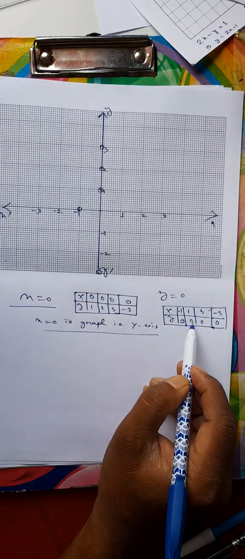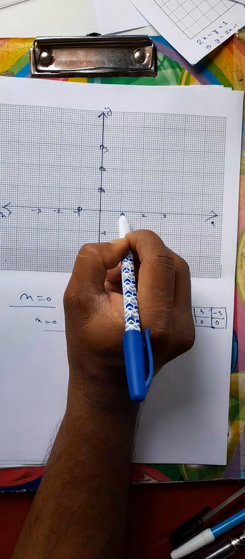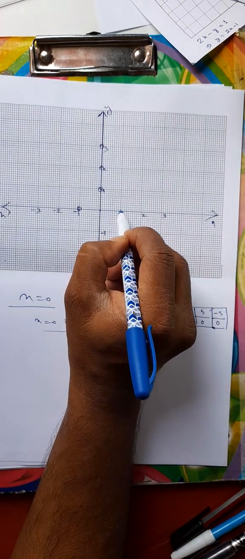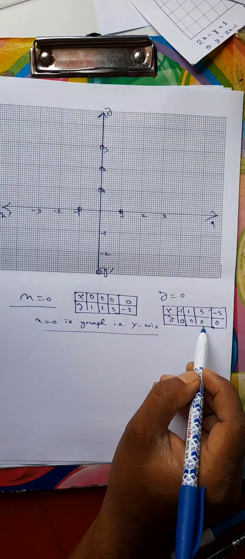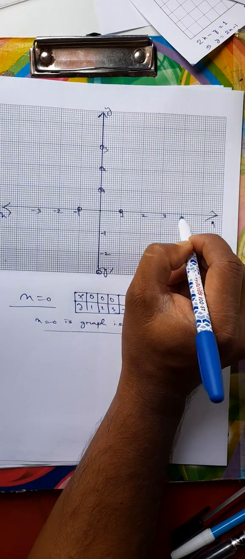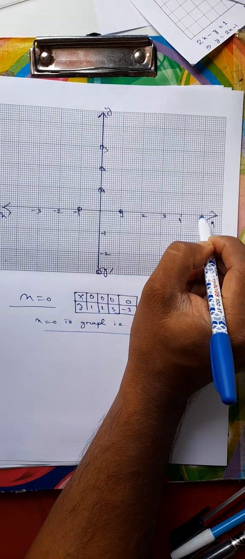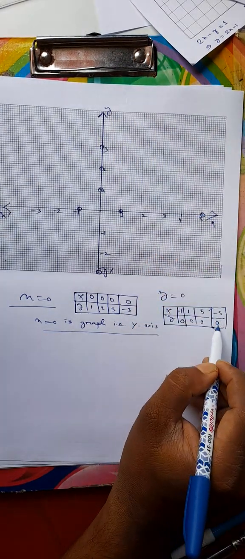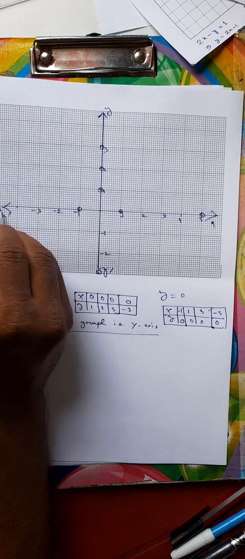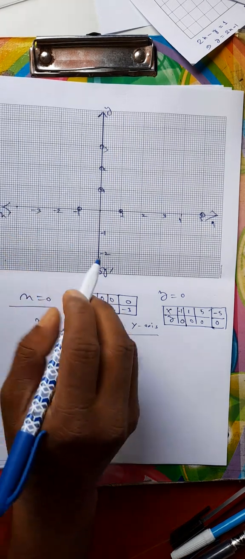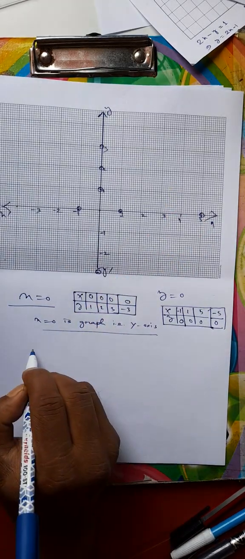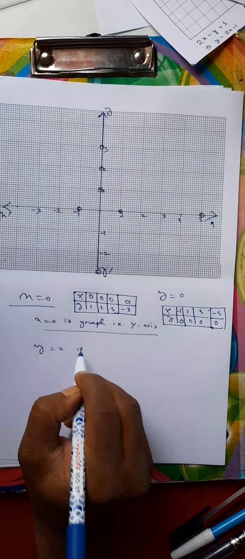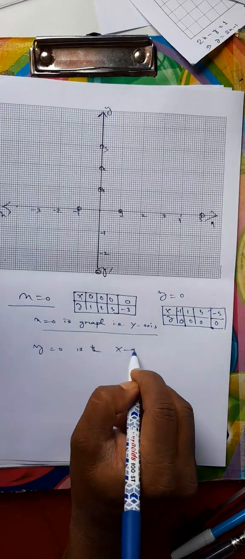X equal to 1, y equal to 0, this point. X equal to 5, y equal to 0, this is 4, 5. X equal to minus 5, y equal to 0. Now you see y equal to 0 means you get the x-axis. Y equal to 0 is the x-axis.